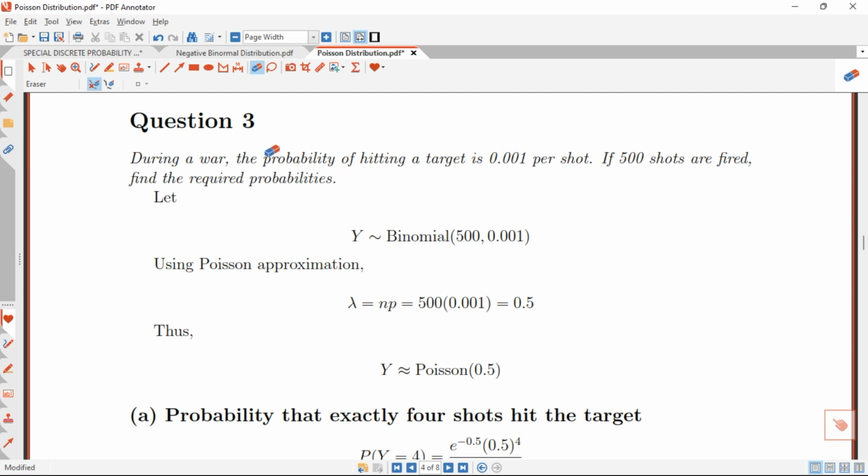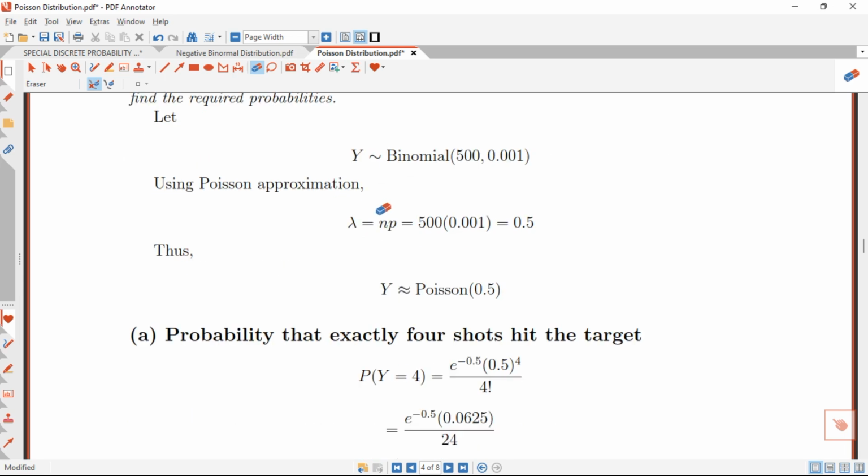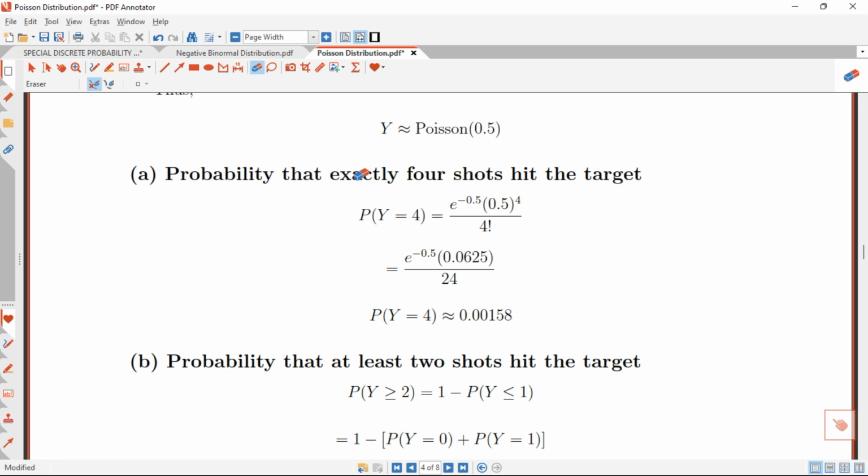That is that. So for question 3, we are saying that during a war, the probability of hitting a target is 0.001 per shot. If 500 shots are fired, find the required probabilities. First, find the probability that exactly 4 shots hit the target.